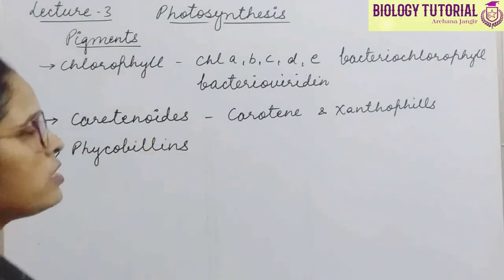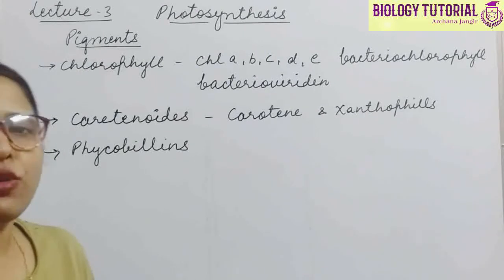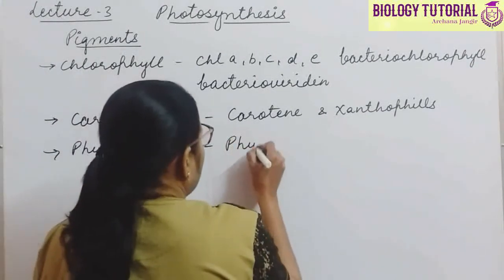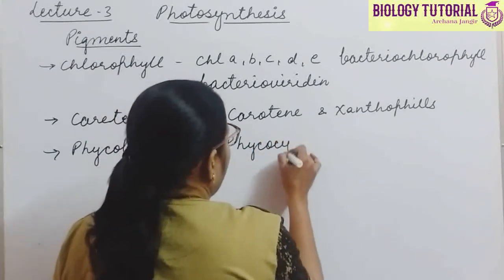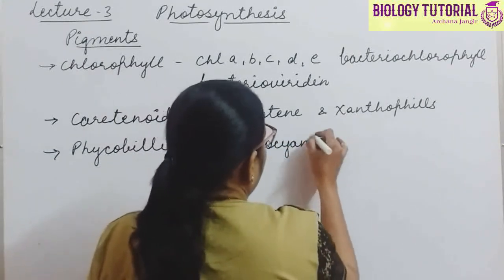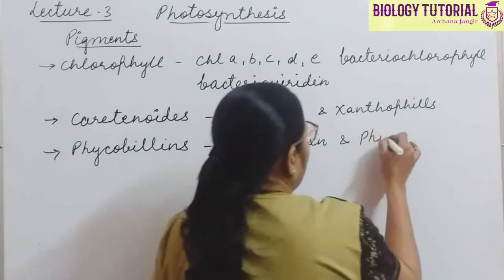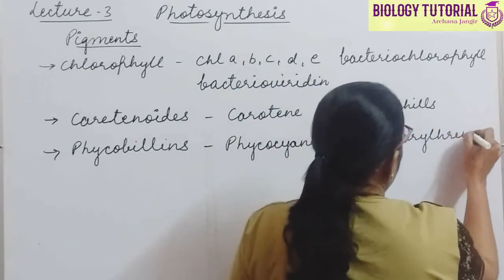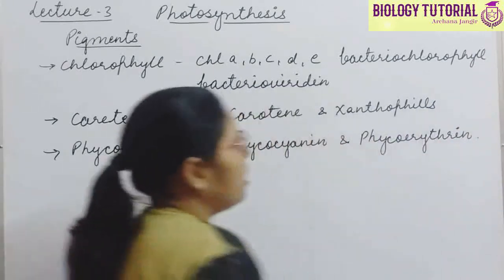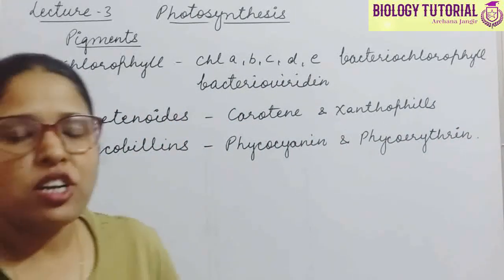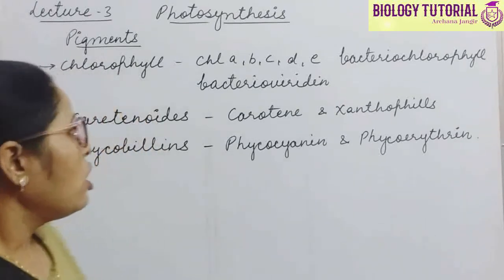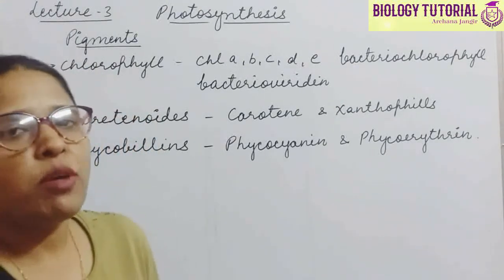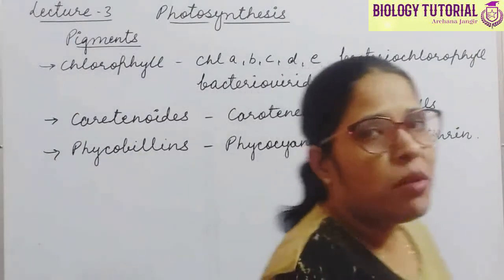Again, the phycobilins are of two types, that is phycocyanin and phycoerythrin. So these are the important pigments which are responsible for photosynthesis. Chlorophyll A is the major pigment and the rest of the pigments are the accessory pigments.